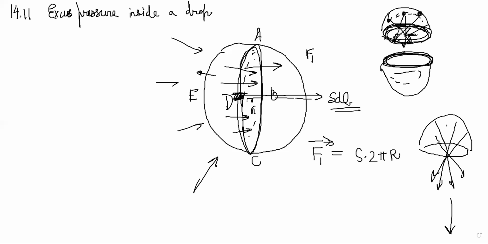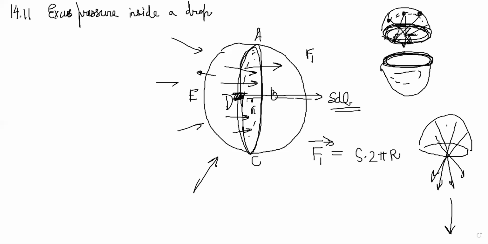So that is what he's saying: by symmetry, the resultant of all such forces acting on different parts of the hemispherical surface must be along OX. Now, if the radius through delta S makes an angle theta with OX, then the component of P1 delta S along OX will be P1 delta S cos theta.